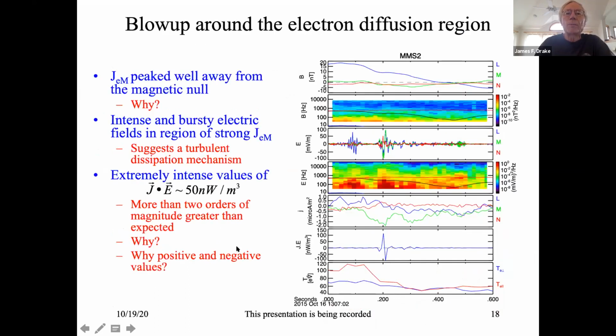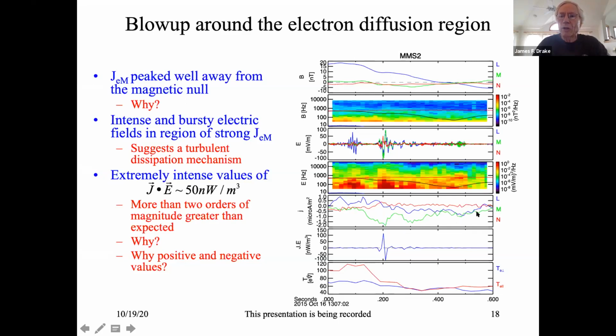So here's a blow-up around the diffusion region. Here's the magnetic field coming in, and you see that the reversal, the null point, is right here. Now let's look at where the electric fields are. You can see that they're not at the X line. There are highly bursty electric fields on the sphere side.